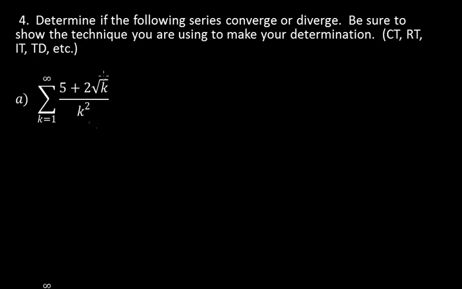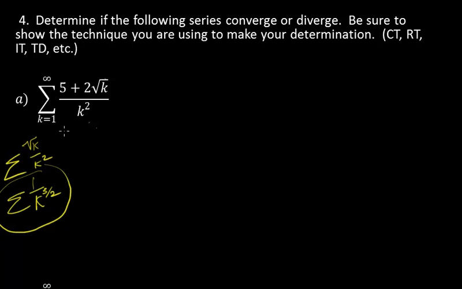So you think, well, here I just have k to the 1/2, and this is k squared. So the comparison series that I hope to compare it to is this one. And just throwing everything out except what really counts. And this is k to the 1/2, so that is sigma 1 over k to the 3/2, which we know converges. So this would be our comparison series.